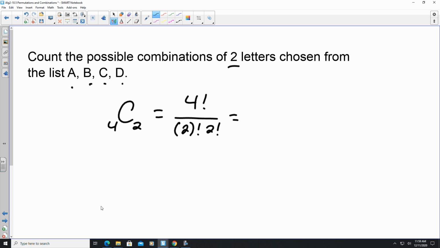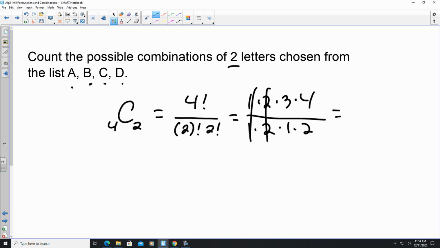I have two separate 2 factorials in the denominator. On the top, it's 1 times 2 times 3 times 4, and then 1 times 2, and then 1 times 2. Those get canceled, so I'm left with 12 on the top and 2 on the bottom, so my result is 6. So there are 6 possible combinations of 4 objects, arranging them two at a time.